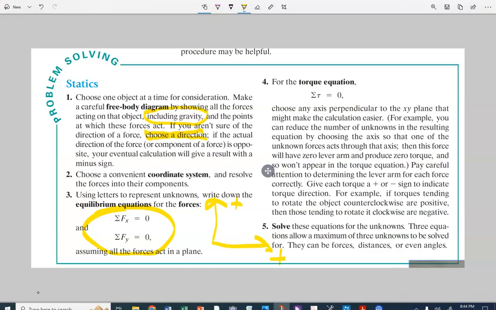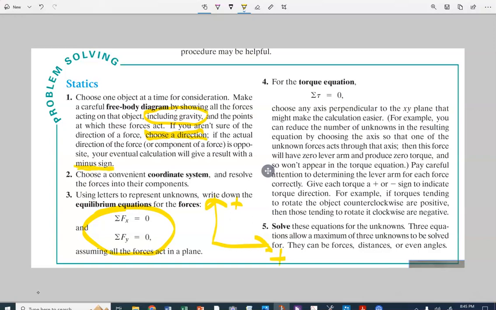If the force is downward, it'll be negative. If it's to the left, it'll be negative. If it's to the right, it'll be positive based on your frame of reference. But the beauty of all of this is you get to choose. If you chose the wrong direction for the force, your eventual calculation will give you a result with a minus sign.